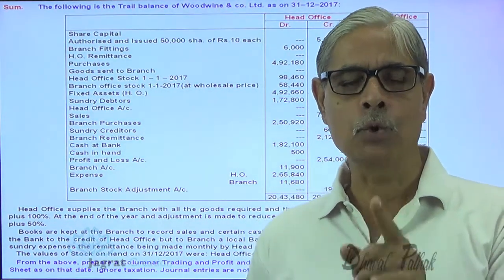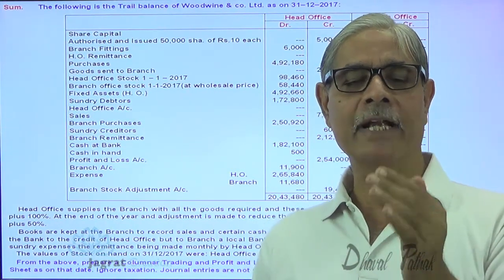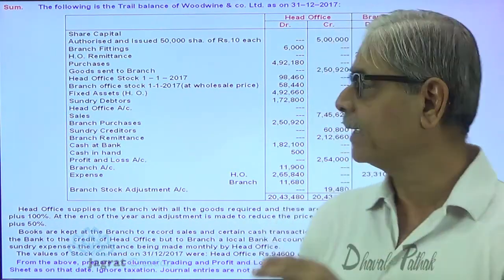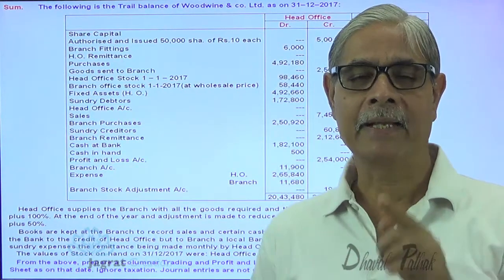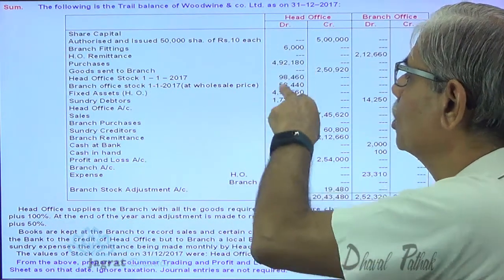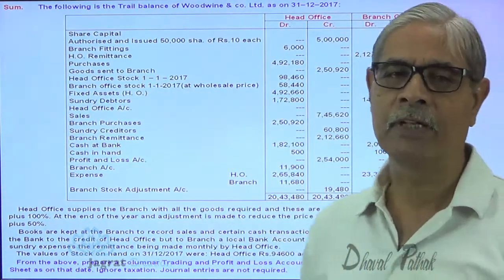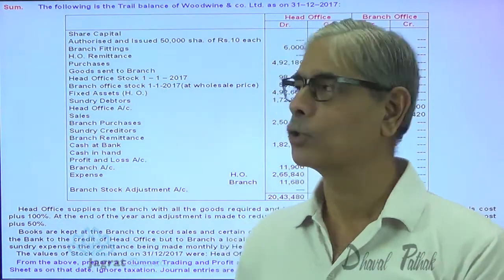As goods sent to branch account and branch stock account are maintained in the books of HO, the stock at branch is found in the books of HO. So branch stock at wholesale price 58,450 is appearing in the books of HO.